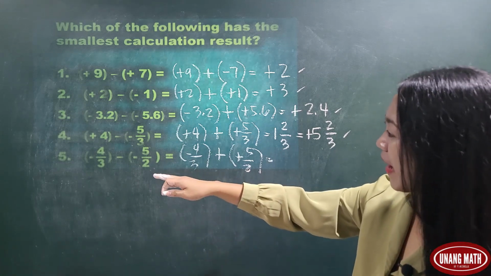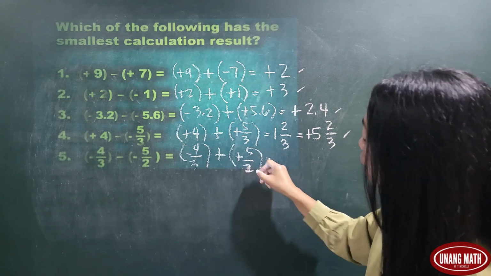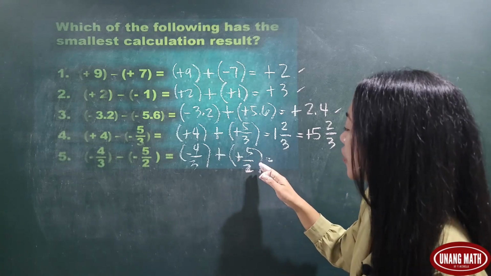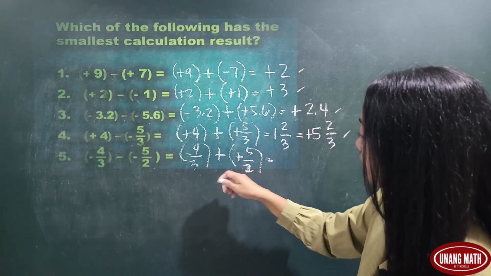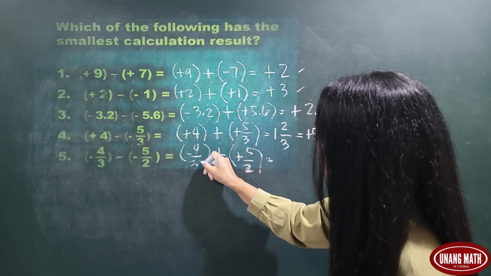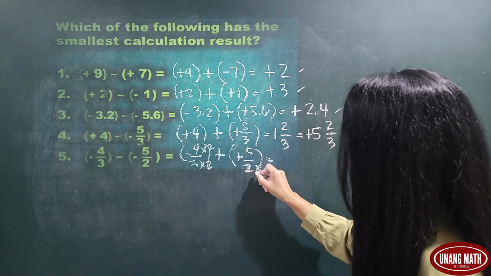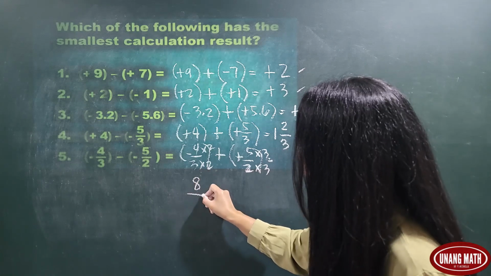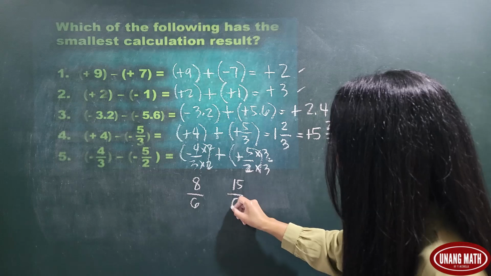Okay, how about number 5? Negative 4 over 3 plus positive 5 over 2. We actually don't know yet which number is larger. So, to identify which number is larger, we need to make the denominators the same. Multiply this by 2, and 2 times 3, this is by 3. So we have here 8 over 6, and this is 15 over 6.